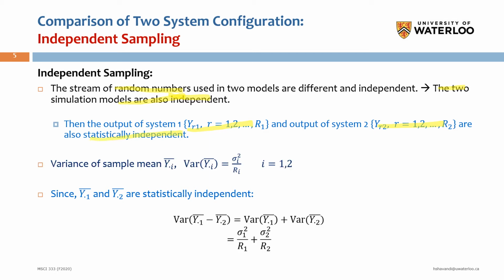The variance of the sample mean for y bar i will be sigma squared divided by Ri. Here we assume that we have two systems, so the variance of y bar 1 minus y bar 2 will be the summation of the variances. So it will be this equation.